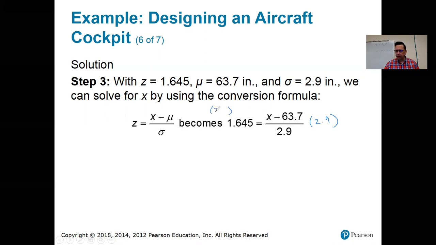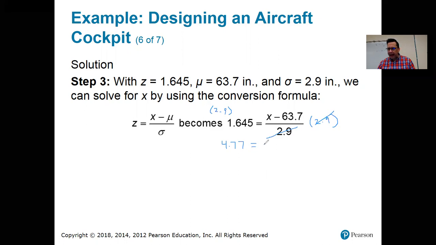I wish they had used the other formula. I would have fixed it if I'd noticed that. Okay. So if you multiply both sides by 2.9, these things cancel. 2.9 times 1.645 is 4.7705. I'm just going to write 4.77.